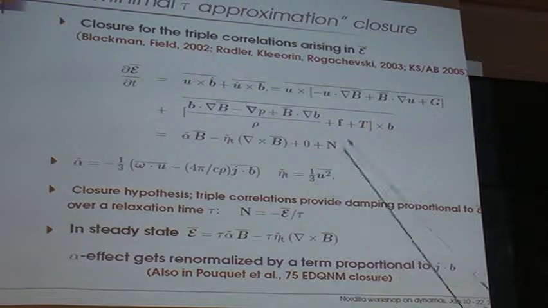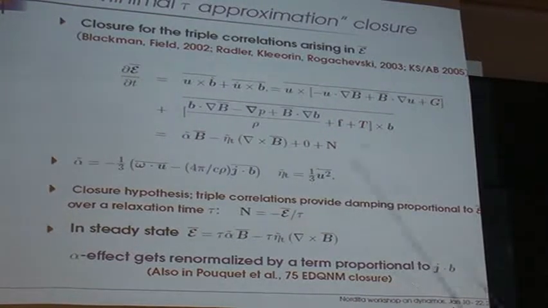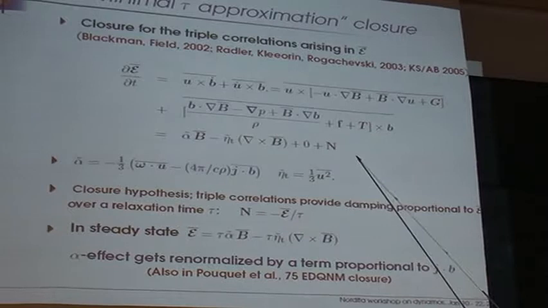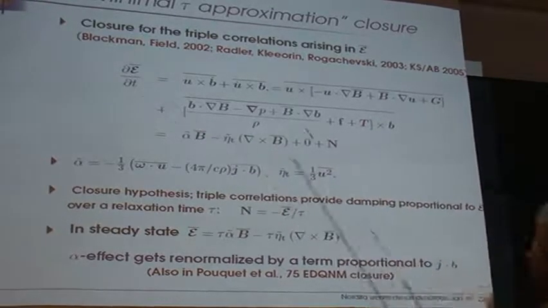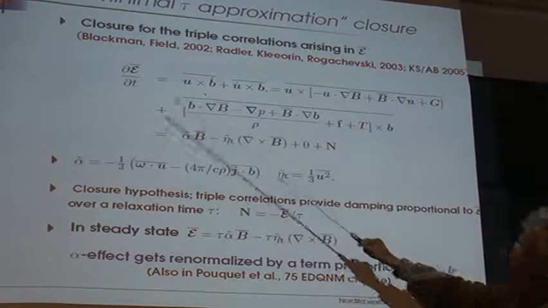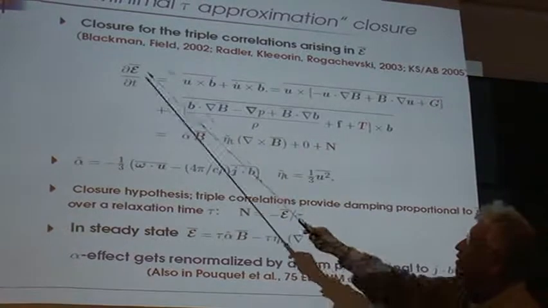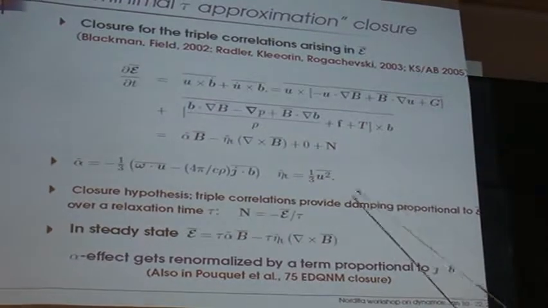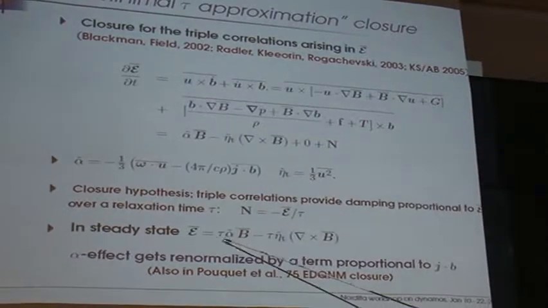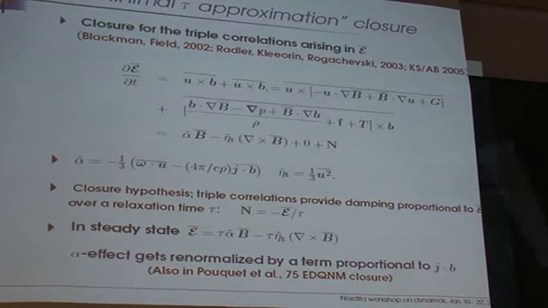So now if you plug this in, you will get the nonlinear term equal to minus E bar by tau, and you can see the steady state solution to this. I mean you can keep that time derivative, but if the tau is small enough, then your E bar would be driven to a steady state. In the steady state situation, your E bar would just be given by tau alpha twiddle B bar minus tau eta twiddle curl B bar.